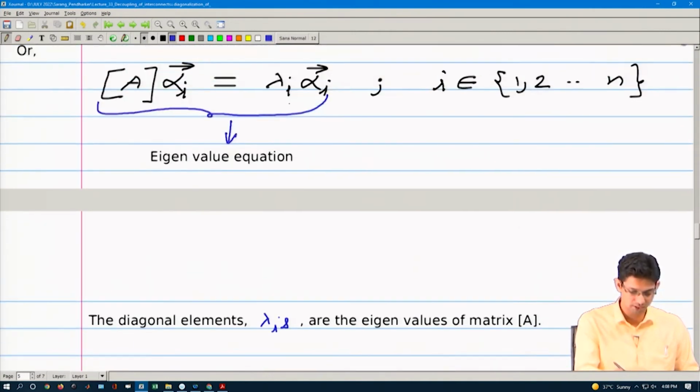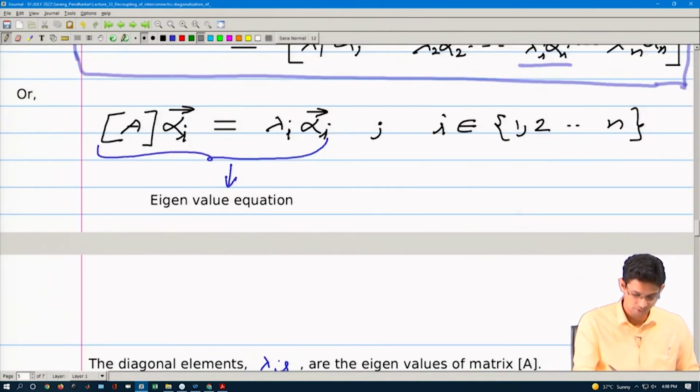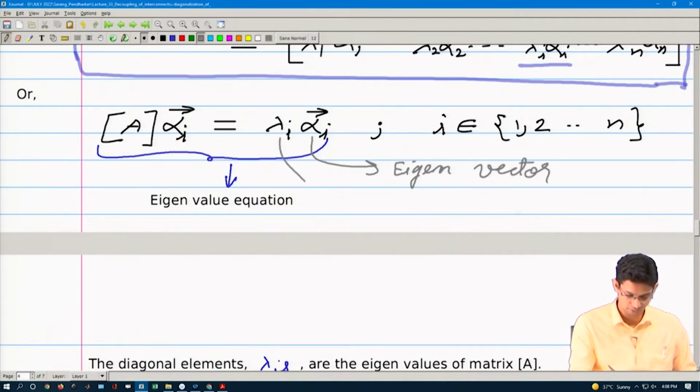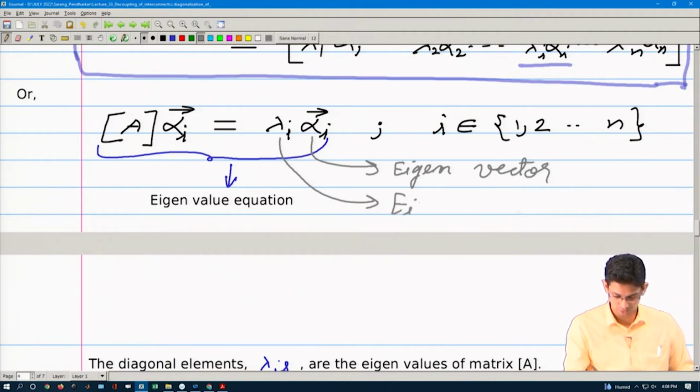So, this is your eigenvector, and this is your corresponding eigenvalue.